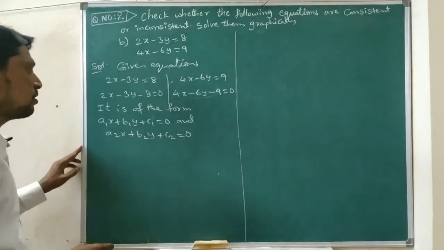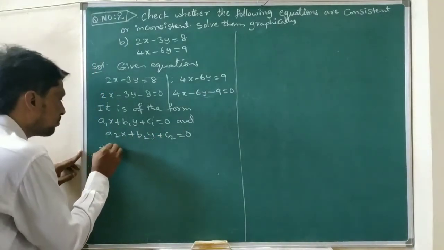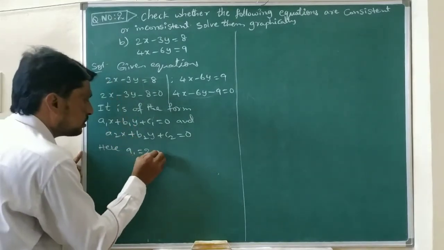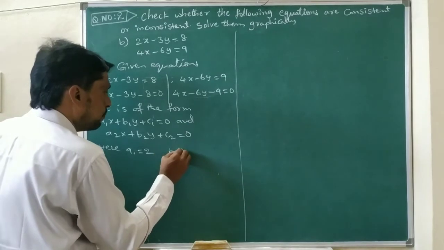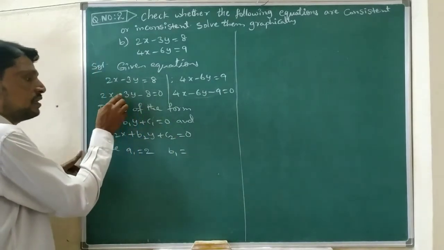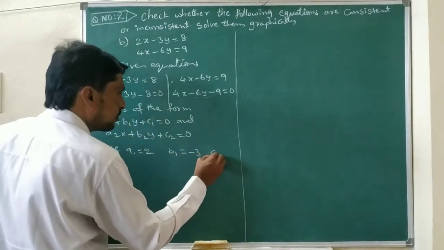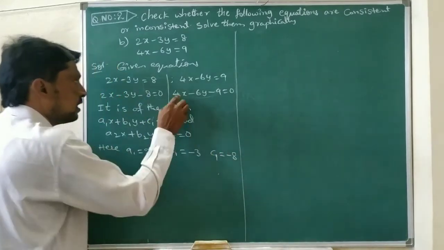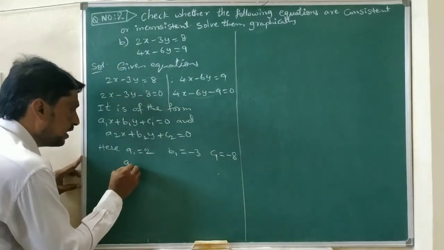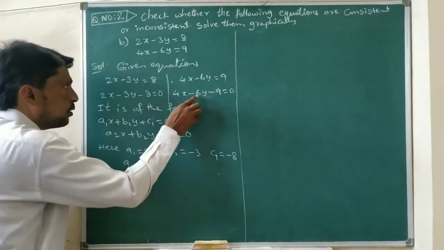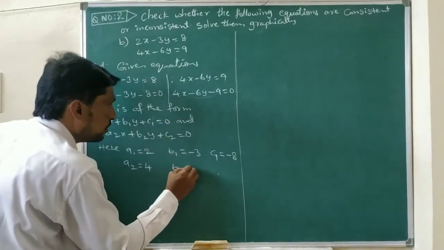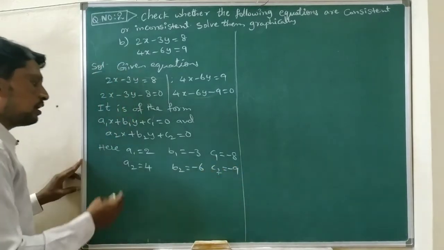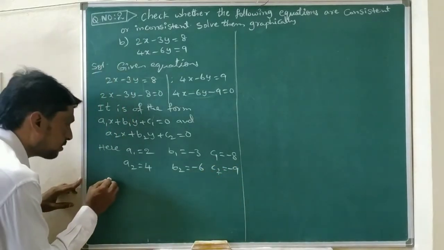Here a1 equals 2, b1 we need to take with sign, that is minus 3, c1 is minus 8. In the second equation a2 equals 4, b2 is minus 6, c2 is minus 9. Now we can compare the ratios.